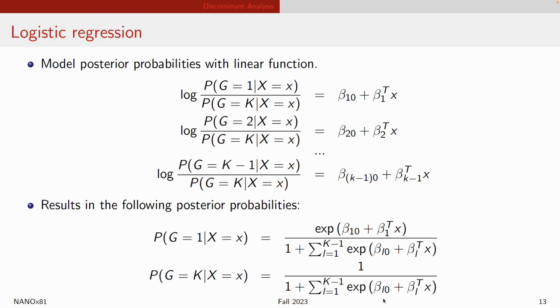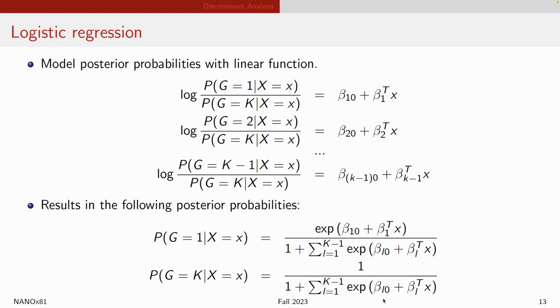Now, if you actually go through the math, you will see that the posterior probabilities have this solution. Essentially, you have the exponent of beta 1 naught plus beta 1 transpose x divided by 1 plus the sum of all the exponents, for the posterior probability of being in class 1. And for the posterior probability of being in class K, you just have 1 over this same denominator.